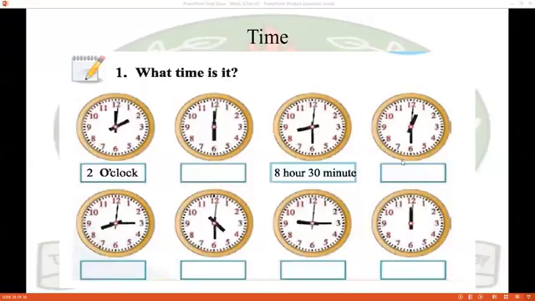There are 8 clocks of different times. You have to find out what is the time. Every clock, you have to write in the square box what is the time.